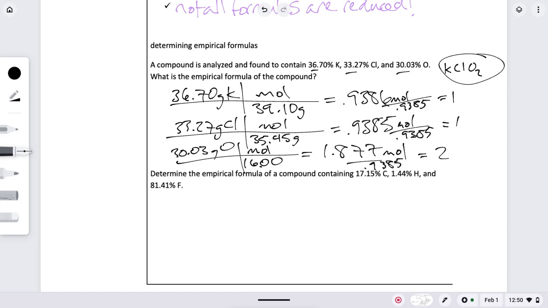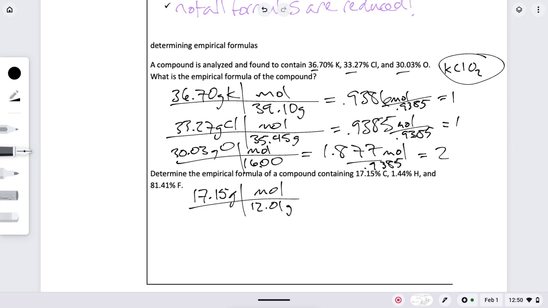A lot of the answers you get will be things you recognize, like it could have been a potassium sulfate instead. So you'll know most of the answers make sense because you'll see something that you've seen before. So then the next example, I'm going to do the same thing. It's 17.15 grams of carbon that I'm going to turn into moles.